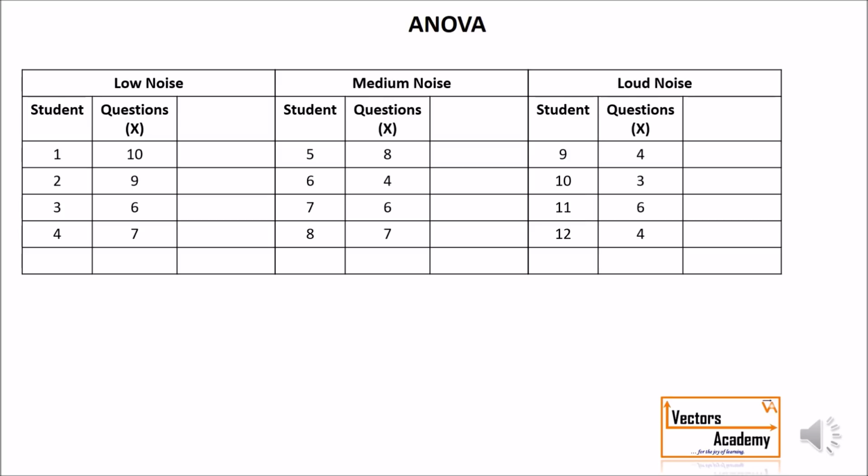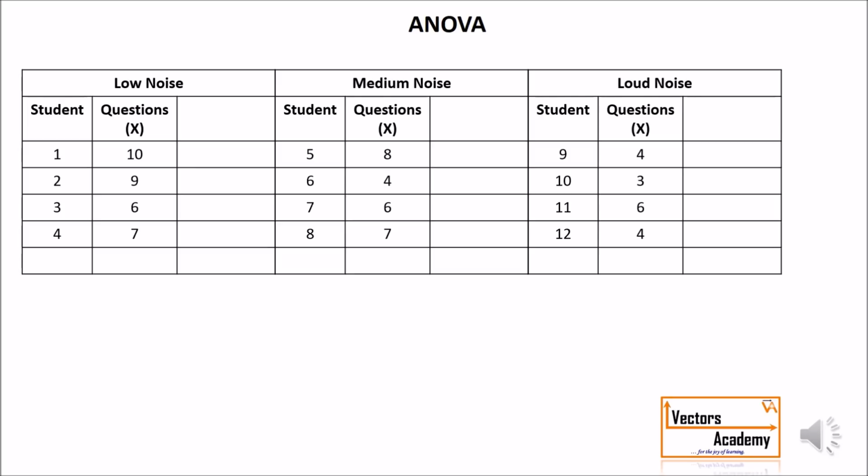But by ANOVA analysis, we need to find how much correlation, or what percentage of correlation, we have between these two variables. This time the variable noise, we cannot rate. So we have rated it into three different categories.